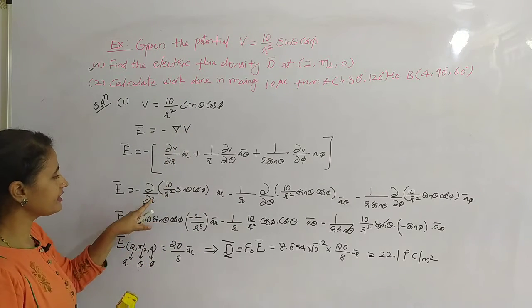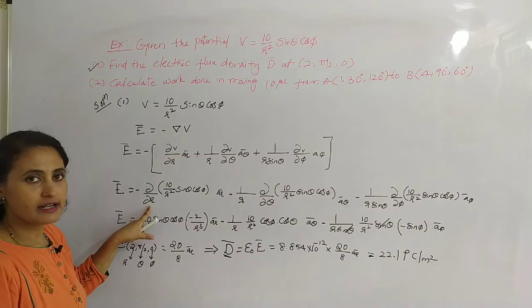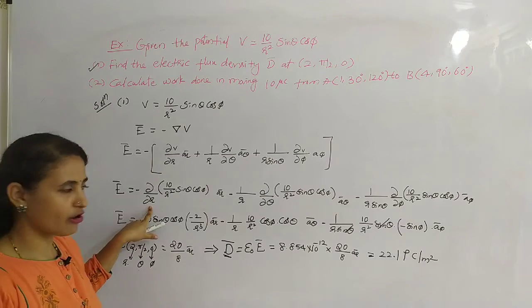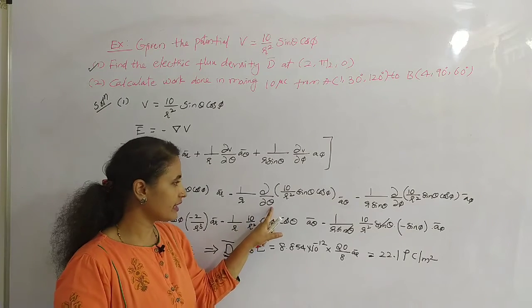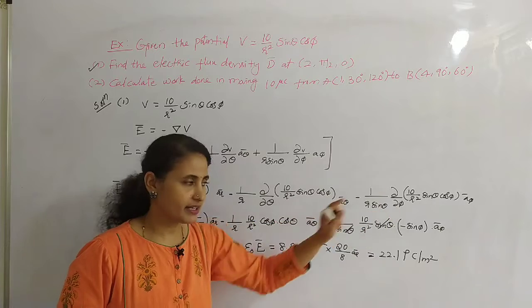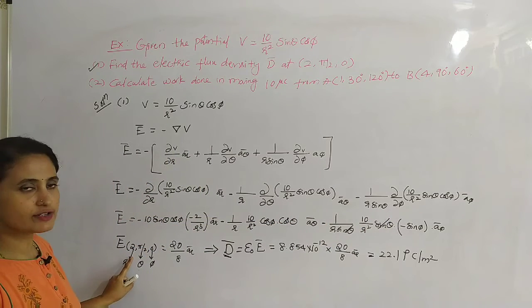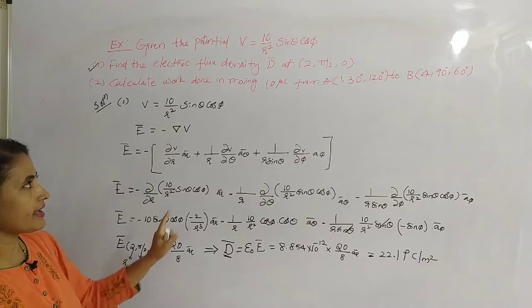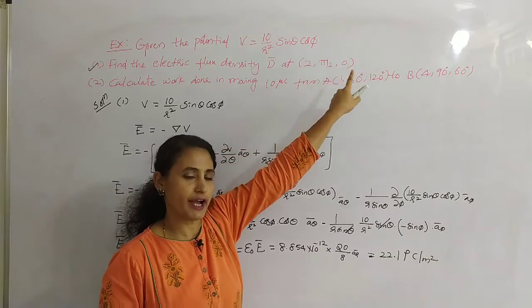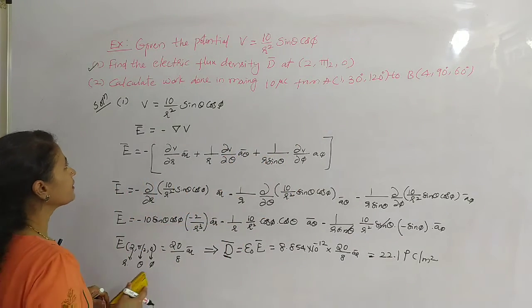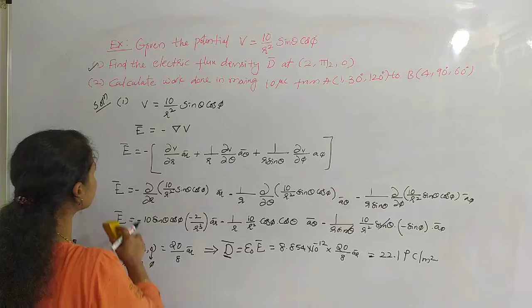Later we did the differentiation with respect to r here, with respect to theta here, and with respect to phi here. Then we simplified and substituted the values of r, theta and phi as 2, pi by 2 and 0. Okay. Now we will move on to the second part.